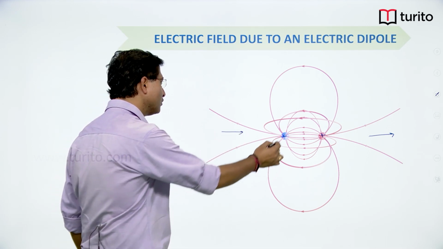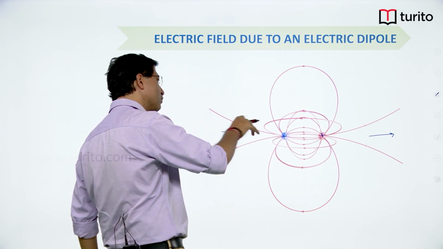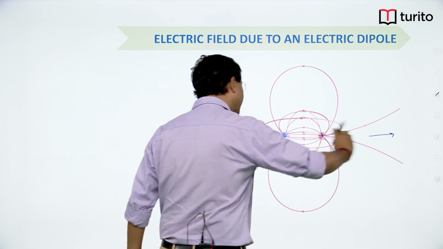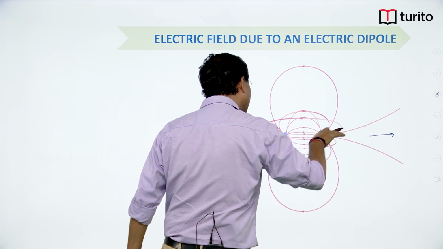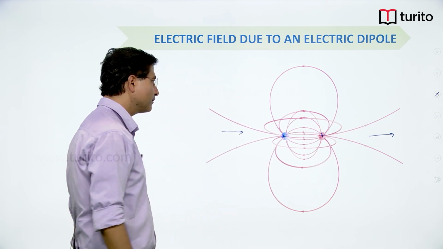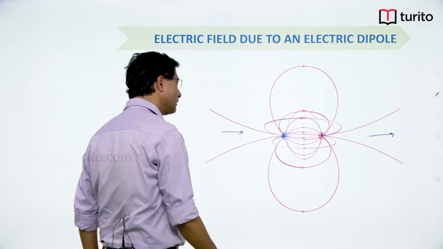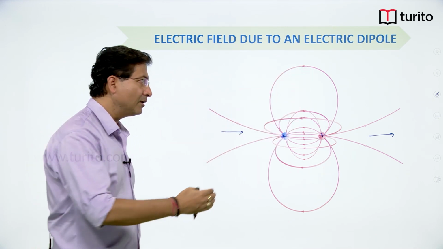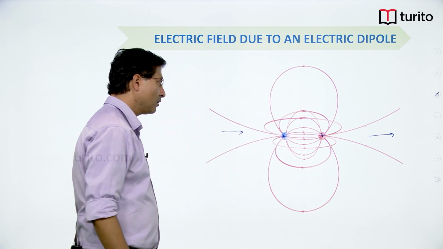So, outside the dipole, on the axis of the dipole, field lines are along the positive x direction, while on the bisector it will be opposite to the x axis, right.